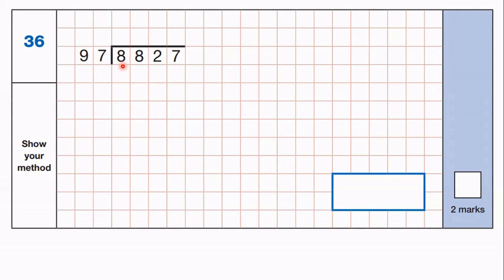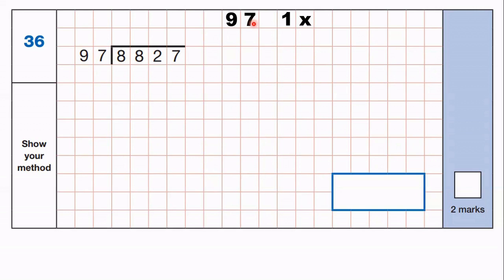Question 36. 8,827 divided by 97. So we need to work out our 97 times table. 97 is 1 times 97, and working out our 97 times table is actually really easy. Why is that?